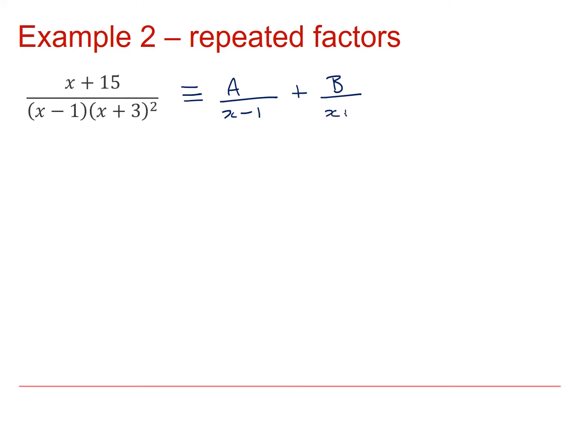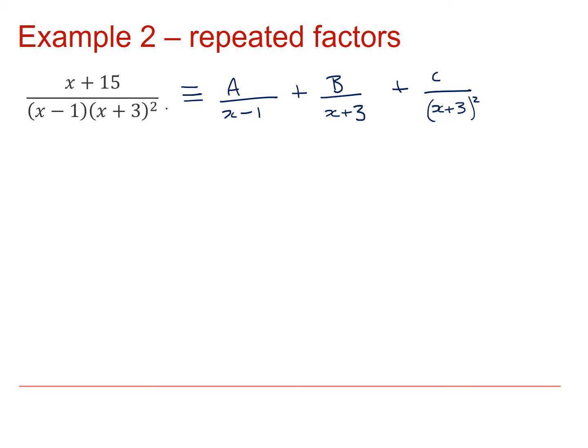Well, I could have some x plus 3's, and I will have some x plus 3 squareds. So with the repeated factor, the trick is to use a fraction for each of the powers of the repeated factor. So I've got a fraction here with just x plus 3 to the 1, and a fraction here with x plus 3 to the 2.